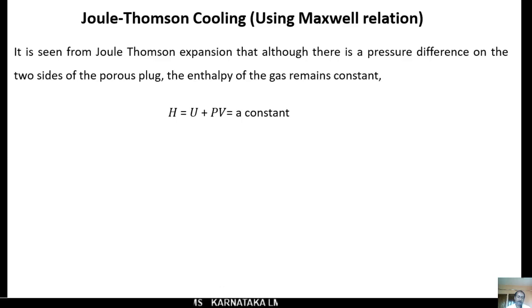That is, enthalpy, indicated as H, is equal to the sum of internal energy and the product of pressure and volume. That is, H equals U plus PV, which is equal to a constant.